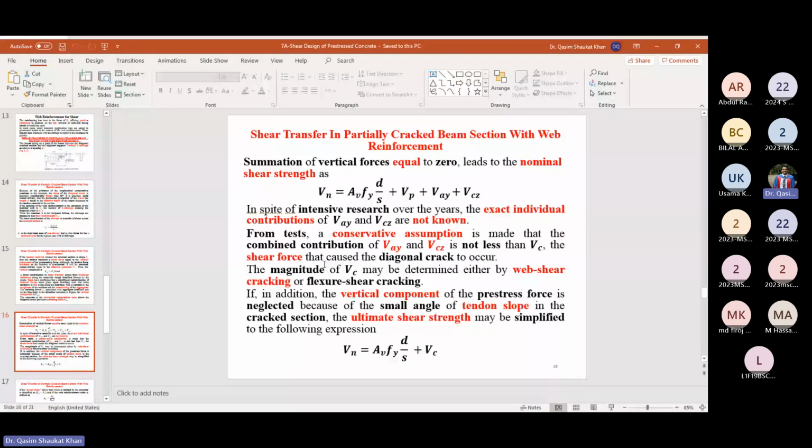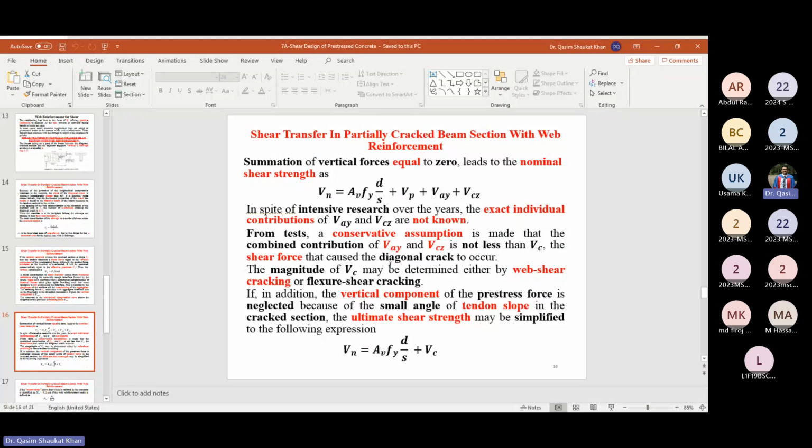So instead of individually finding the contribution of the roughness of the fracture plane and aggregate interlock and the compression zone above the crack, which are unknown, conservatively we are taking them equal to the shear strength of the concrete, not less than VC, the shear force that caused the diagonal crack to occur.